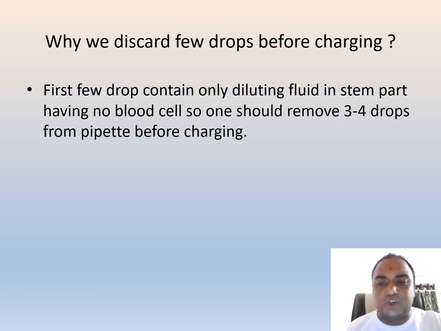That's why we should discard 3 to 4 drops, then shake the pipette between the hands, mix it well, and after discarding 3 to 4 drops, charge the improved Neubauer chamber.